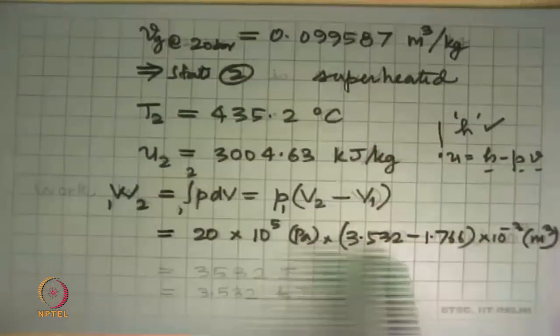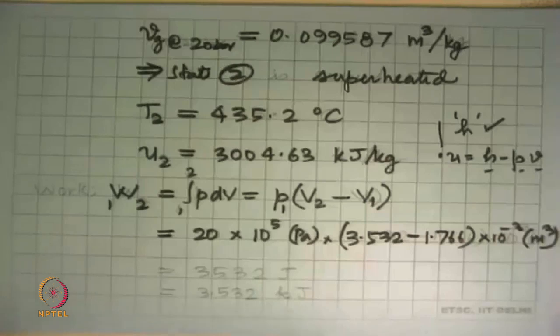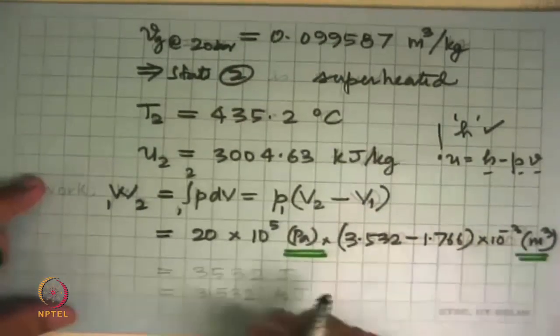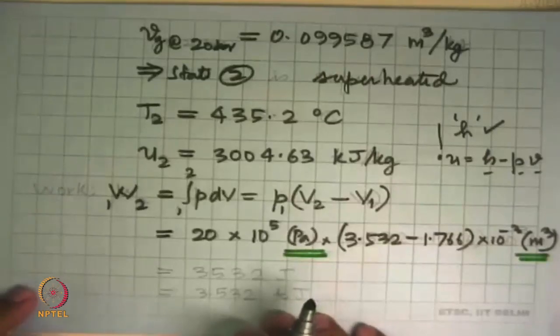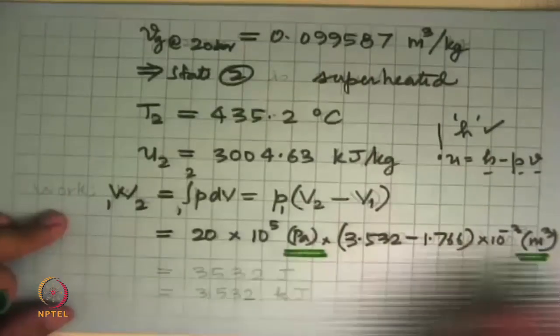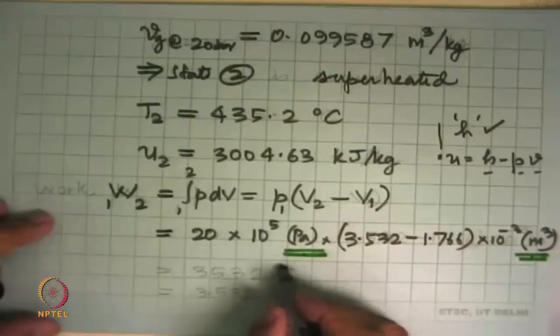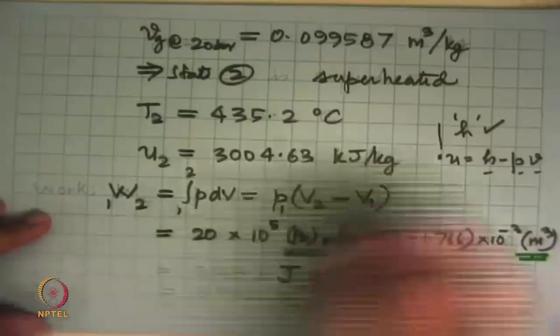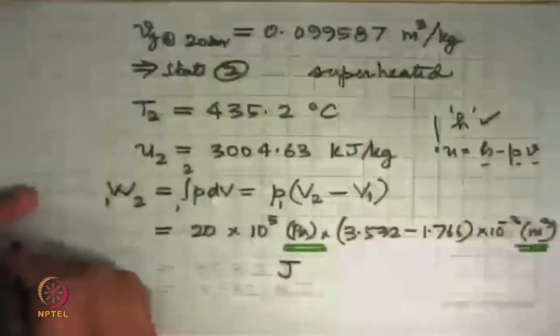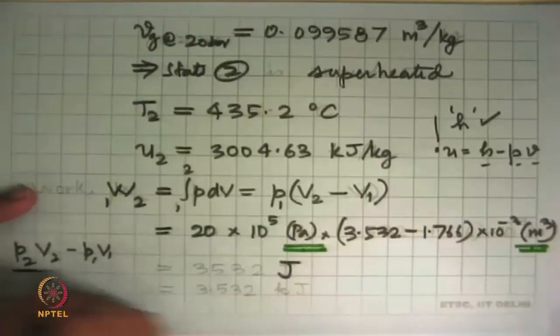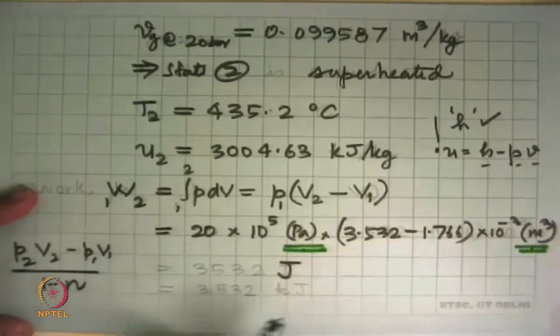I am writing the units at every step, so please keep that in mind because quite often people go off when they mix units. When we use Pascal and meter cube, the answer will be in joules. If it was a polytropic process, this would have worked out to be (P2 V2 minus P1 V1) upon (1 minus n).